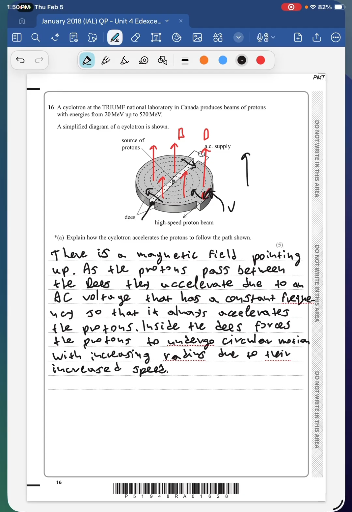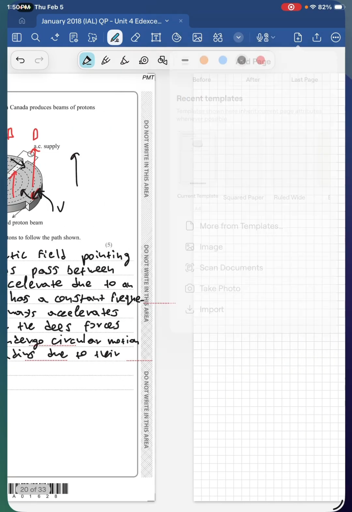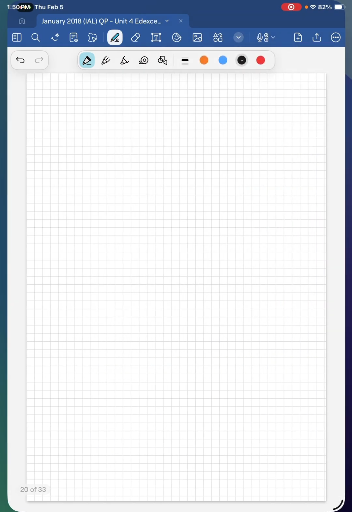Maybe we can write the equations, since these past paper walkthroughs are also meant to teach you. So we can write qvB. Inside the Ds this equation applies: qvB is mv squared over r.